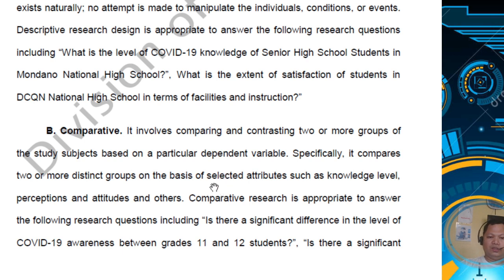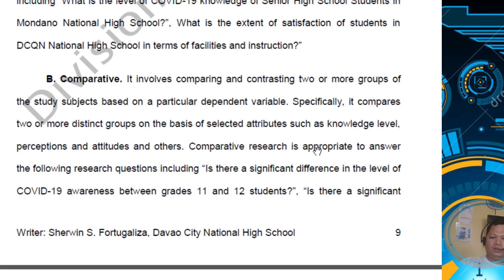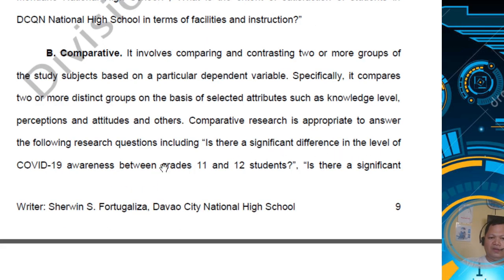Comparative means you're going to compare two groups, for example section A and section B. Depending on your study, you may measure the IQ level of the two sections, so you will use comparative research design. For example, is there a significant difference in the level of COVID-19 awareness between grade 11 and grade 12?